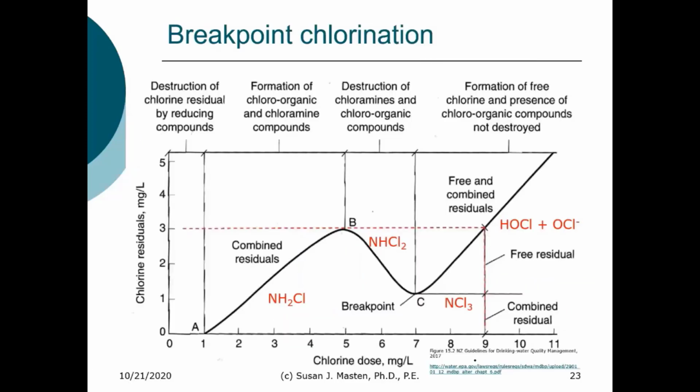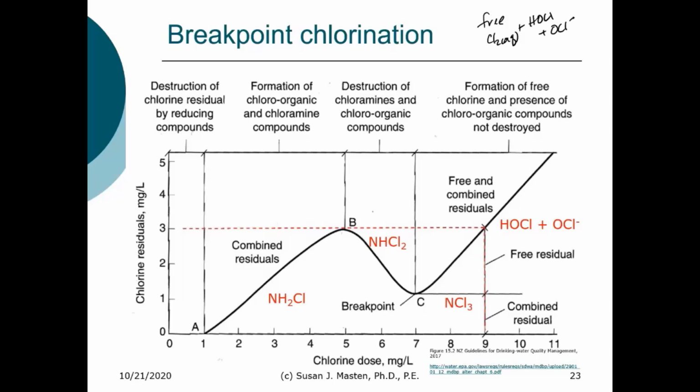This diagram here demonstrates what we refer to as breakpoint chlorination. We're going to introduce another term called combined residuals. We mentioned that free chlorine is aqueous chlorine plus HOCl, hypochlorous acid, plus OCl minus.